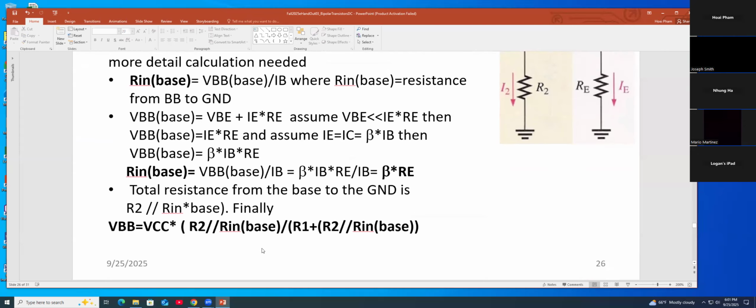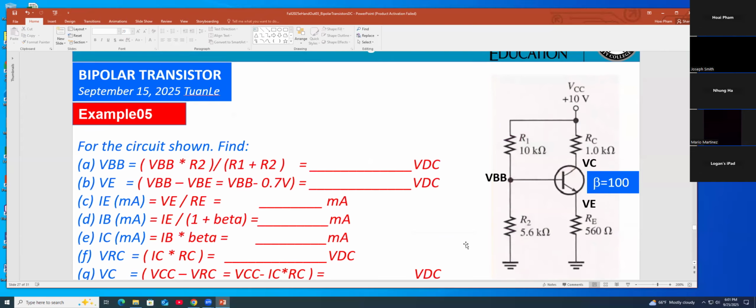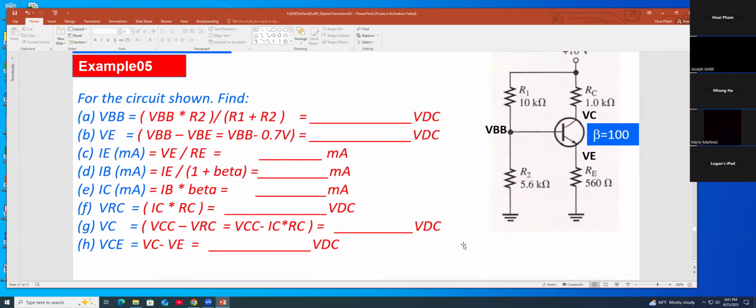We never care about that. But I have to prove it for them. They can calculate it in more detail.